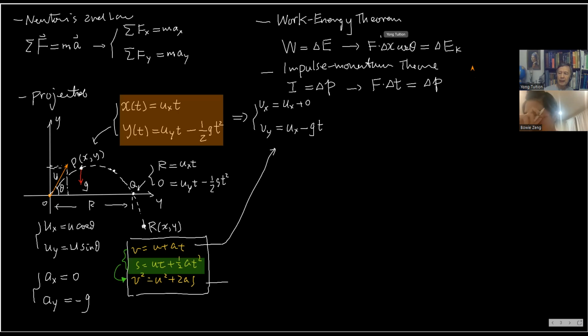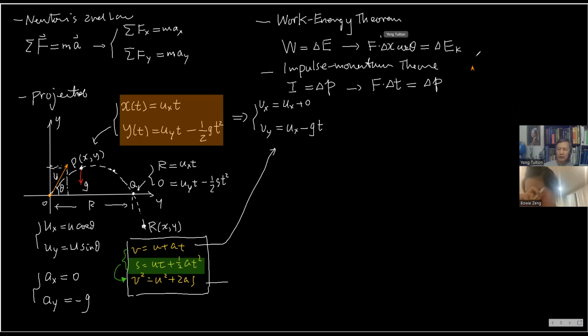And then when the work is equal to 0, you get a conservation law, the energy conservation law. That is how to derive the conservation law. Similarly, if the external impulse is equal to 0, you get the conservation law of momentum, which is useful when you're dealing with collisions.